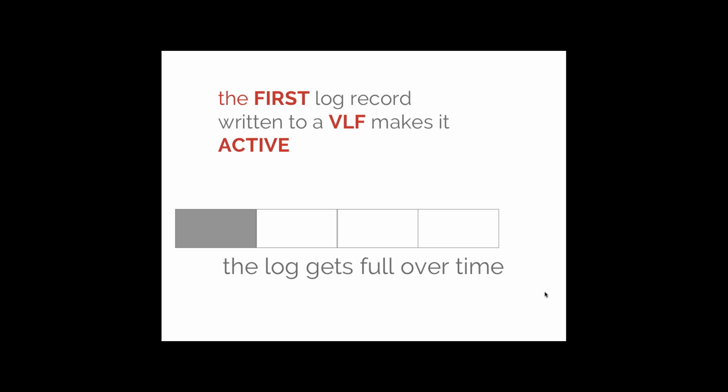Now, the last three virtual log files, the white ones, let's say nothing is going on at the moment and they're currently empty or inactive. The first log record written to a virtual log file will make it active. And why am I highlighting that? As we move forward and start talking about the sizes of these subdivisions, even a very small transaction will make that virtual log file active.